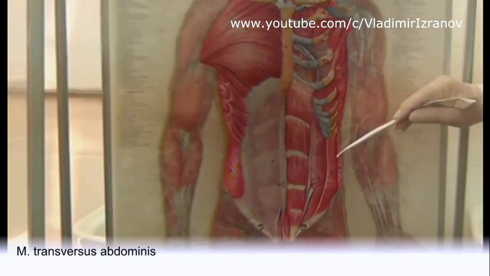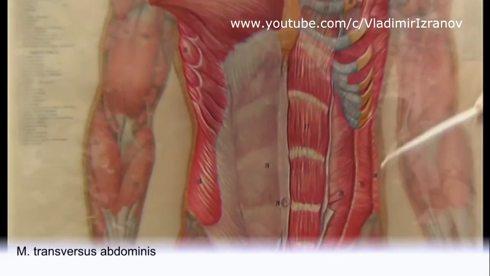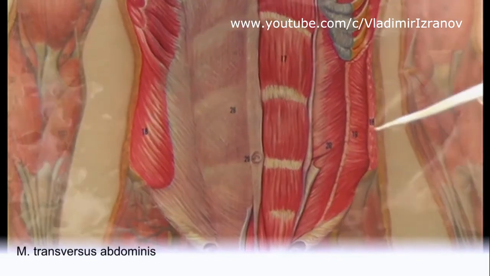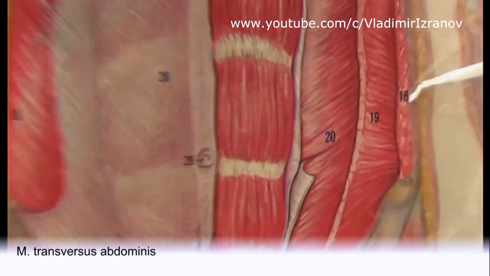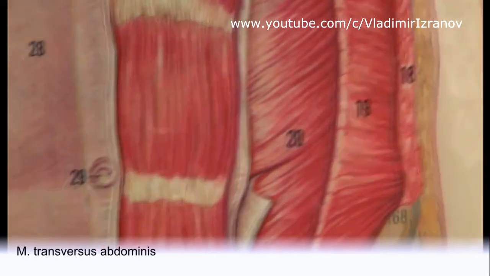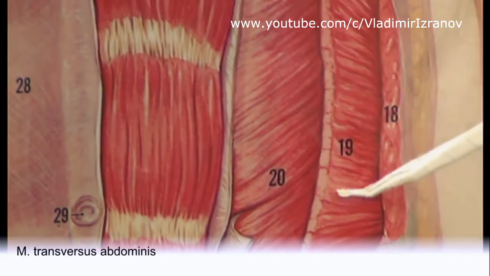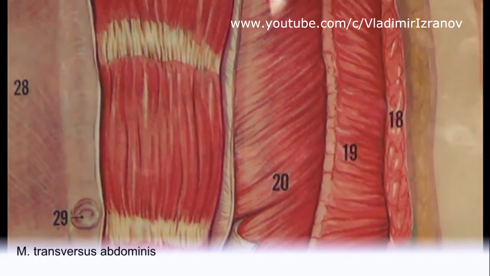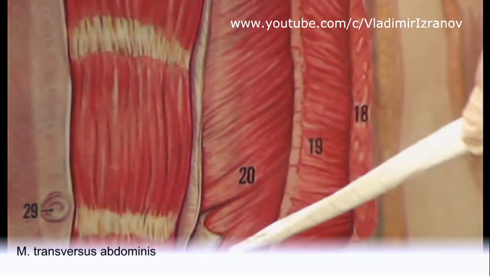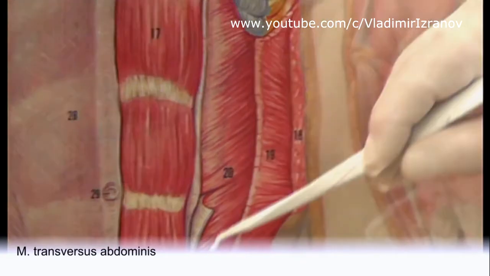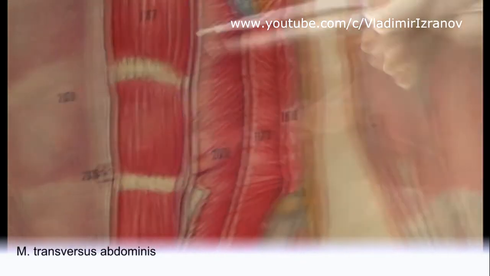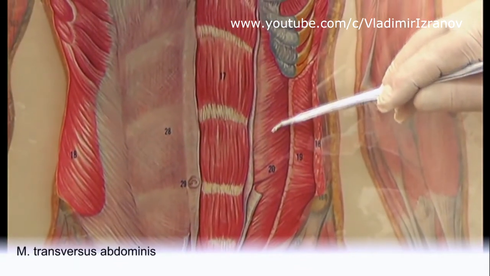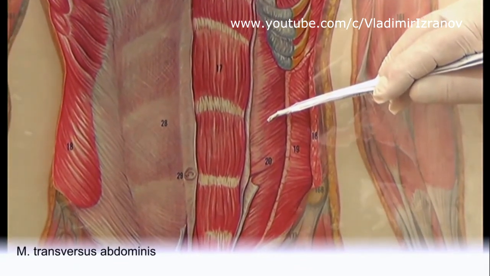All three muscles are cut, and number 18 is musculus obliquus abdominis externus, 19 obliquus abdominis internus, and 20 musculus transversus abdominis. Musculus transversus abdominis.